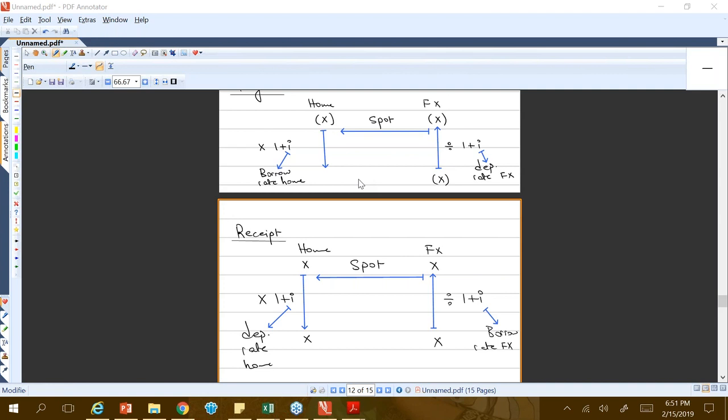What are the chances of risk management questions in section C, B, or A of the paper? Well, the risk management topic is going to be examined only in section A or B. Section C will not have risk management in terms of currency and interest rate. So the currency hedge and the interest rate hedge will only be in section A or B of the exam.